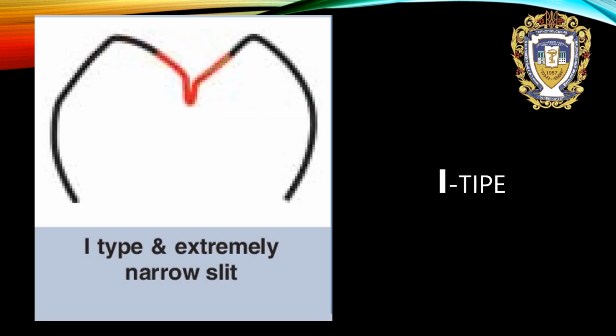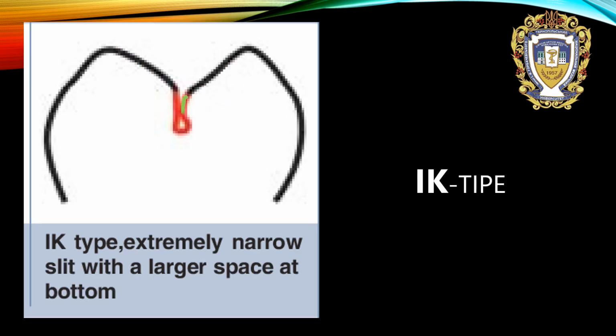I-type. It is a type with an extremely narrow slit. IK type. A type of fissure with an extremely narrow slit with a larger space at the bottom.